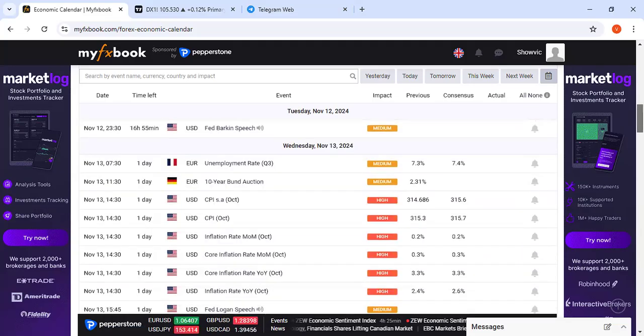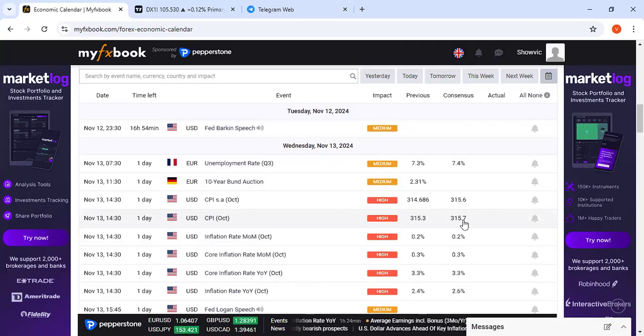And then on Wednesday, we have the big one coming up, which is the CPI. I already told those in the FXP that I'm expecting these figures to come in lower than consensus, right? For the main CPI, the headline is expected to come in at 315.7, which is above what we had the last time.